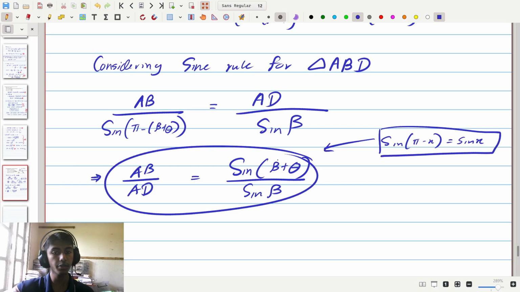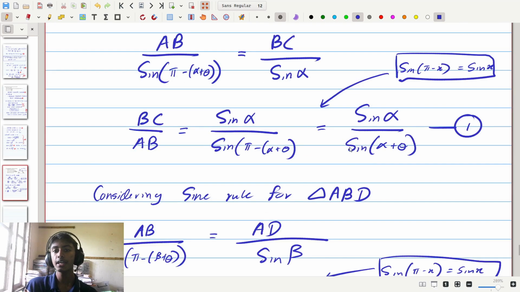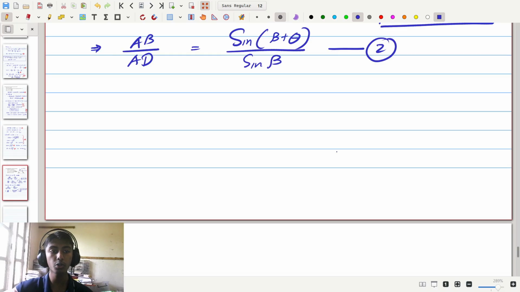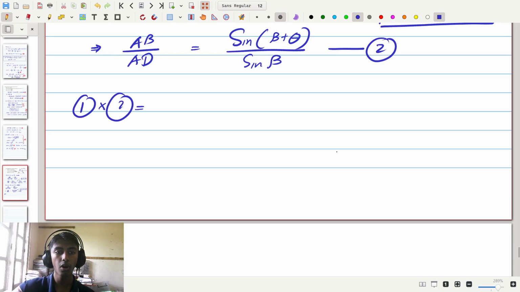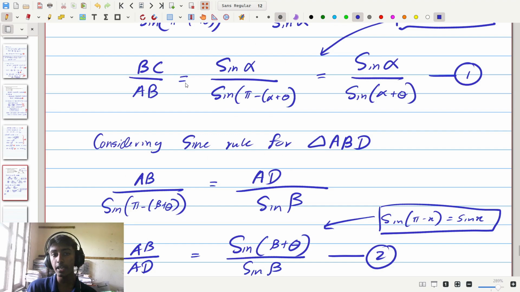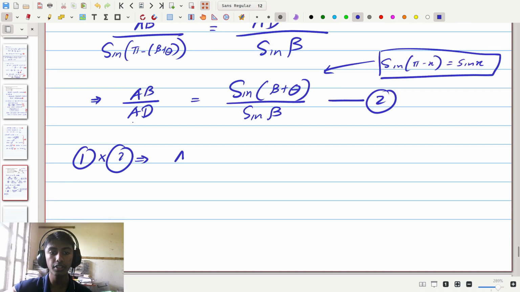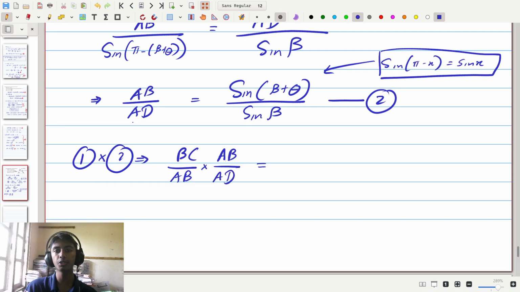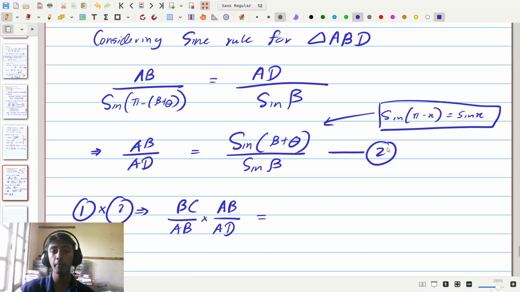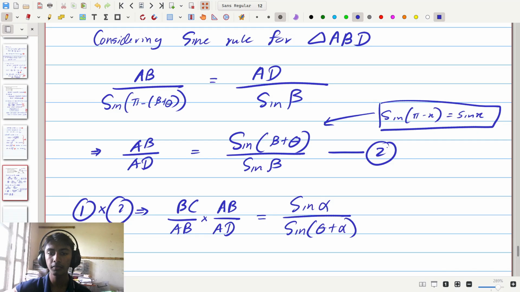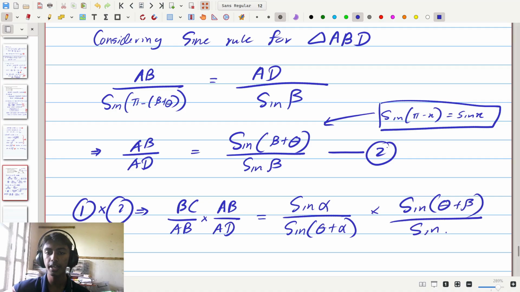So we have this equation here, which we can call equation number 2, and we can see if we multiply equation number 1 by equation number 2, on the left hand side we are going to get BC divided by AB times AB divided by AD, which is going to be equal to, on the right hand side, sine alpha divided by sine of theta plus alpha multiplied by this bit, which is going to be sine of theta plus beta divided by sine of beta.